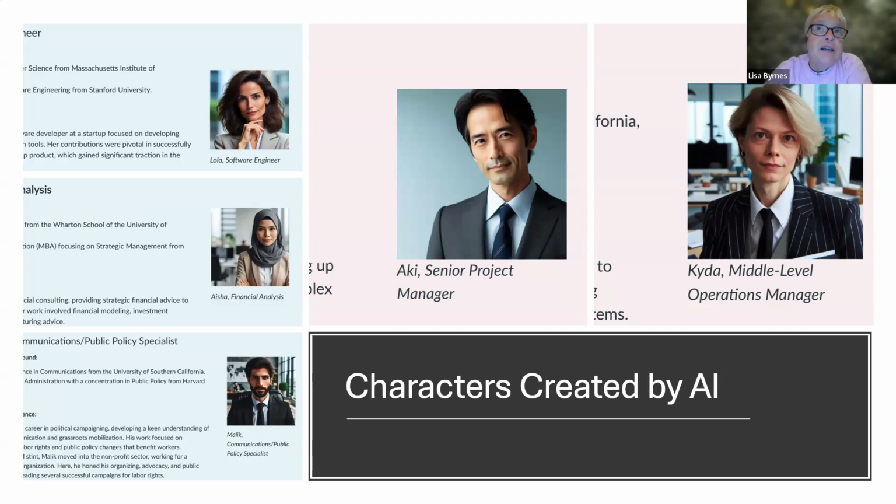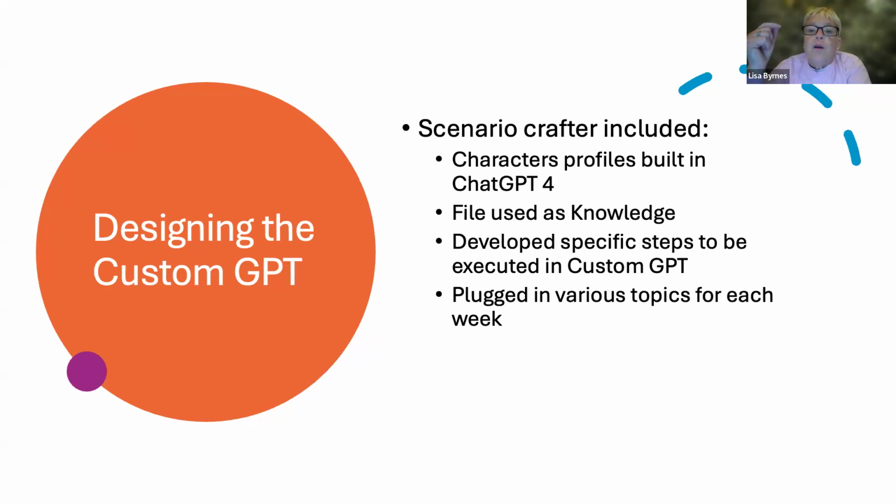So to create the custom GPT that we made, we used the character profiles. We got the file with the background info of the company. You can go to the next slide there, Kate, please. Thank you. We had the file of the background of the company that we had it create after we made some corrections on what we wanted the company to have issues with.